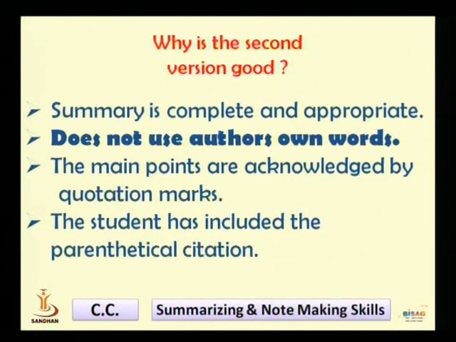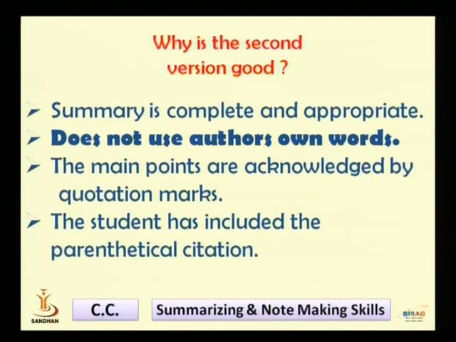Now, why is the second version good? First of all, the summary is complete and appropriate. It conveys the message exactly in the manner the writer wanted it conveyed. Now, when I say writing a summary, you should never use the author's own words.